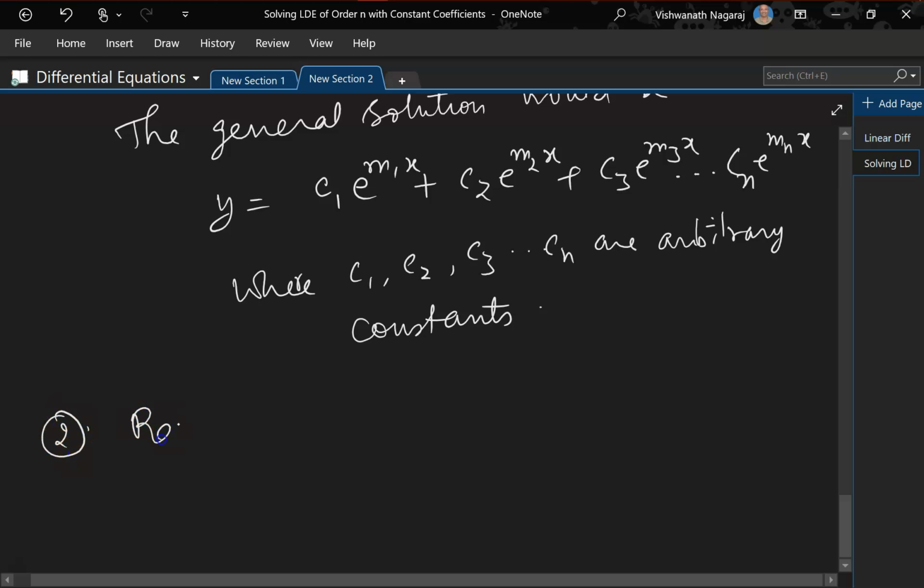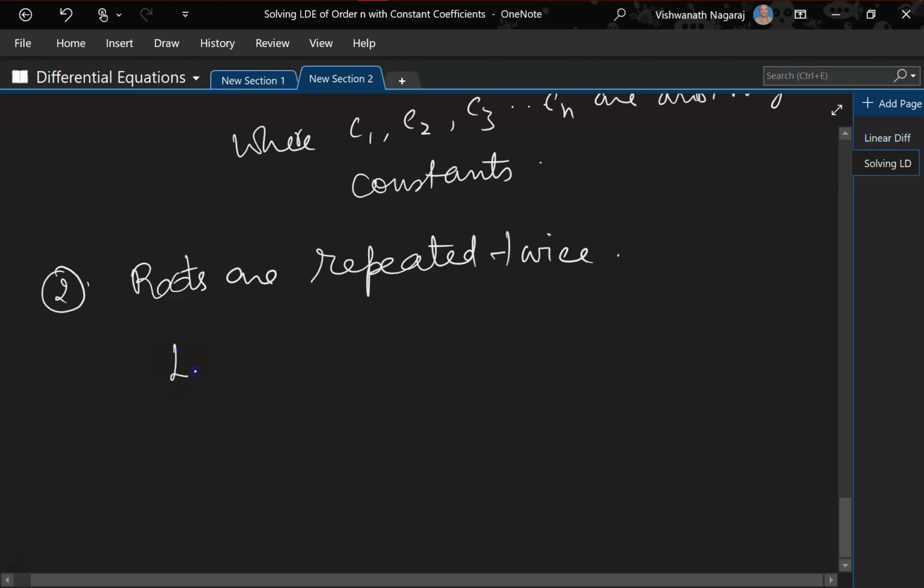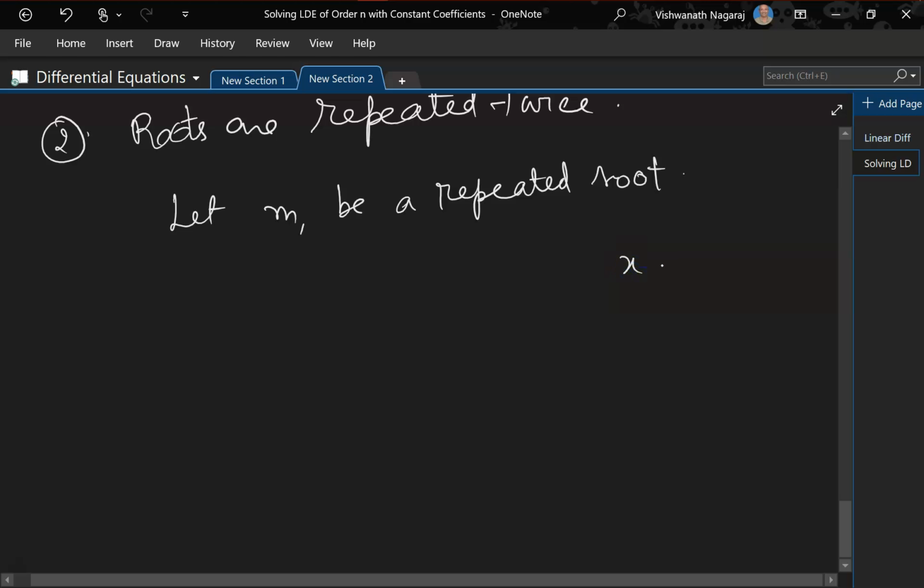Now let's look at when roots are repeated, and in this case let's look at the simplest case, that is repeated twice. So let m1 be a repeated root. If we look at theory of equations, if x is equal to 1, 1, that means x equal to 1, x equal to 1, x minus 1 equal to 0, x minus 1 equal to 0, which means x minus 1 squared equal to 0.